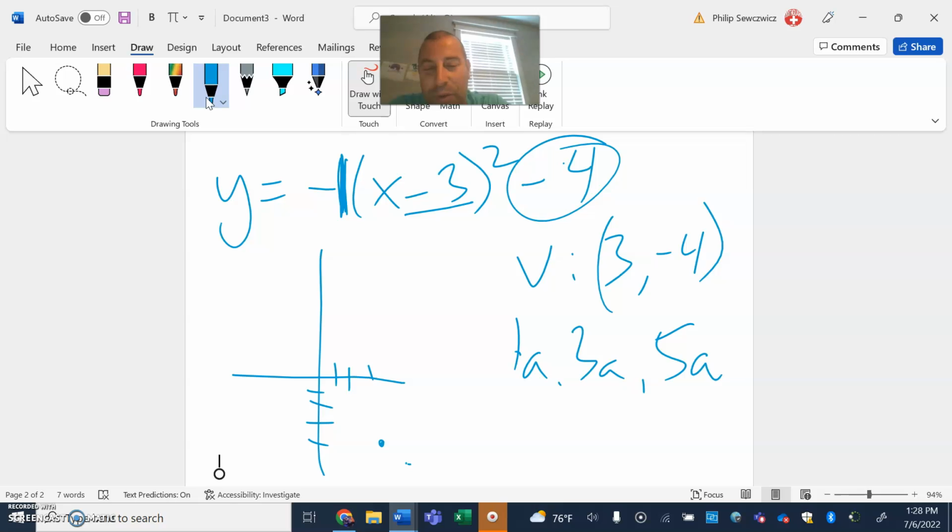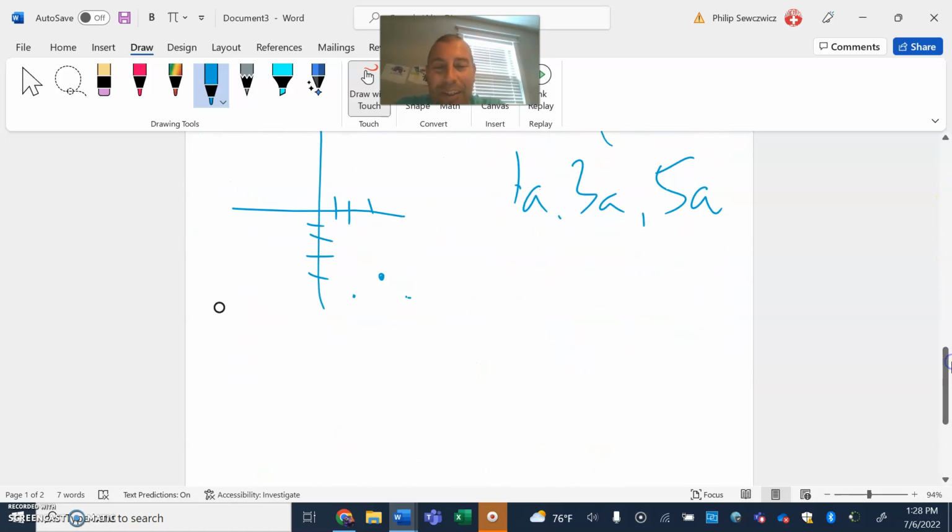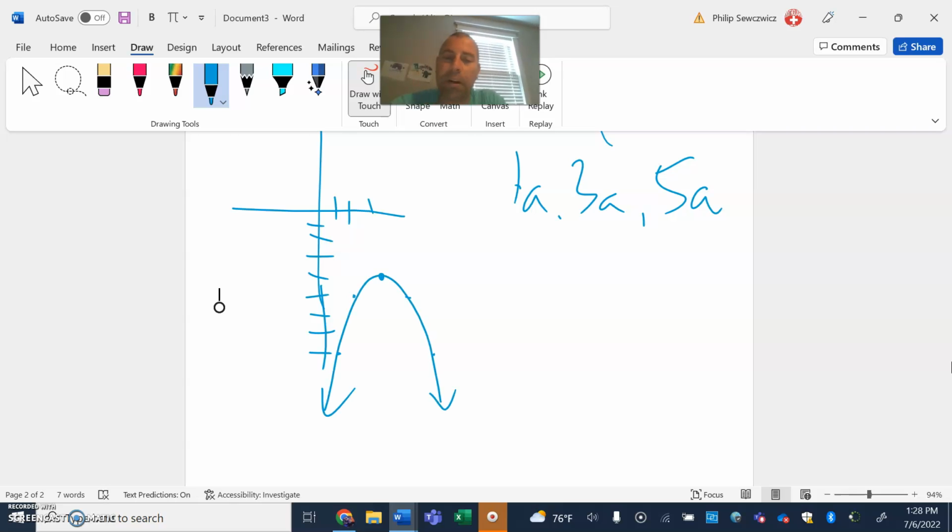So we're going to go to the left one, we're going down 1. 3a, we're going to go to the right one, but we're going to go down 3 that we're looking at. Again, we're just going to estimate here as we're looking at it. So again, to the left one, and then 1, 2, 3, there we go. And then the right one, down 3, that's there. And we'll get our typical picture of our parabola because it is just a 1 out there. Negative, so it's going to end up flipping it here.